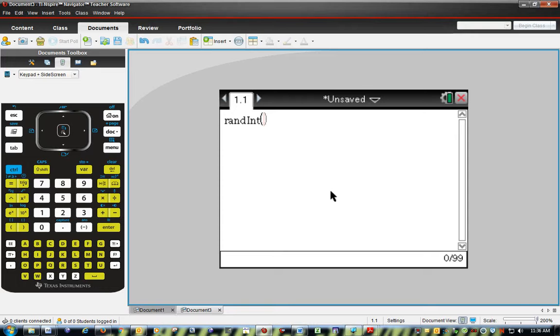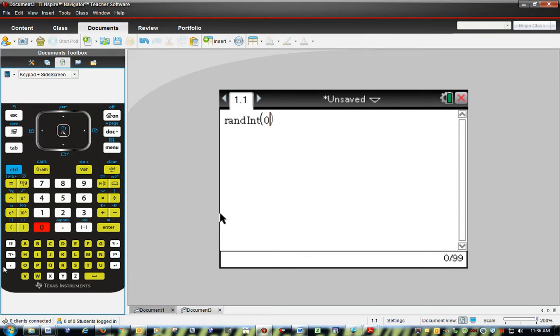We're going to put in 3 numbers. The first number is going to be the lowest integer it's going to give us. So we're going to type in a 0, and then a comma. Now what's the biggest integer we want? 9. So it'll be 0, 9.